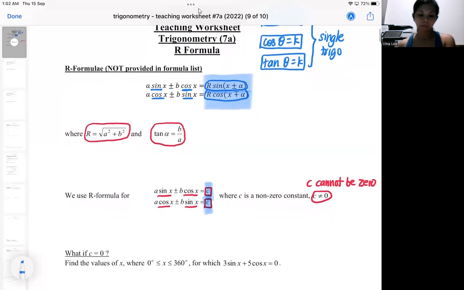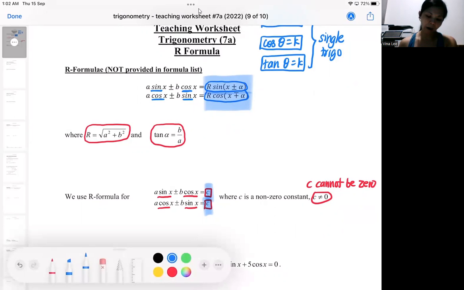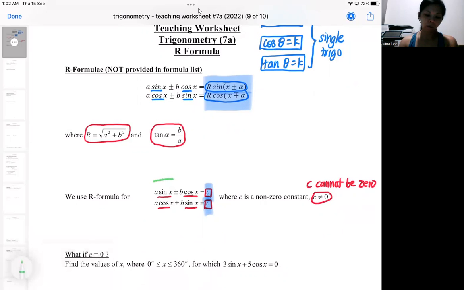So I repeat, you will use it when you try to add or subtract sine and cosine, equal to a number. You must understand when you are going to use it. The question will not be telling you. How to use it will be under the formula part, so later on we'll talk about it.